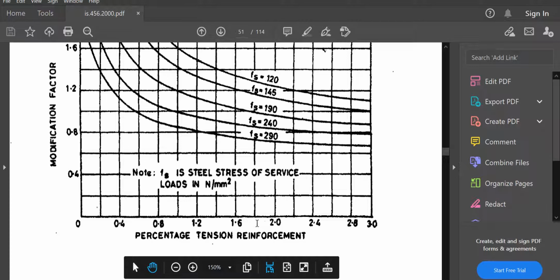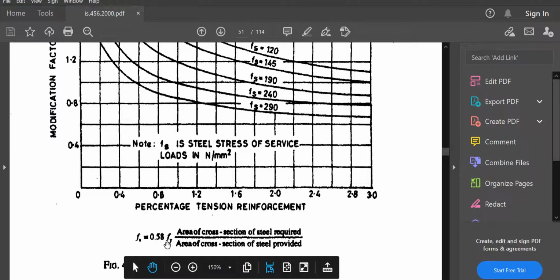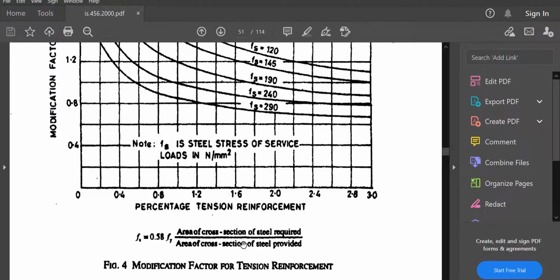That is, for a particular steel you'll get the area of tension reinforcement. You need to find the value for Fs, where Fs is equal to 0.58 into Fy into area of cross section of the steel required divided by area of cross section of the steel provided. That means, suppose you are getting area of steel as 1000 mm square, but you don't have the exact bar diameters to provide 1000 mm square, so you will provide slightly greater than that.